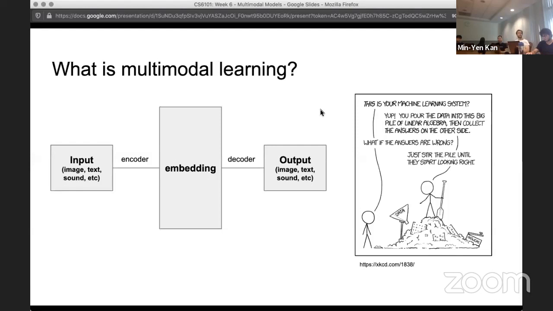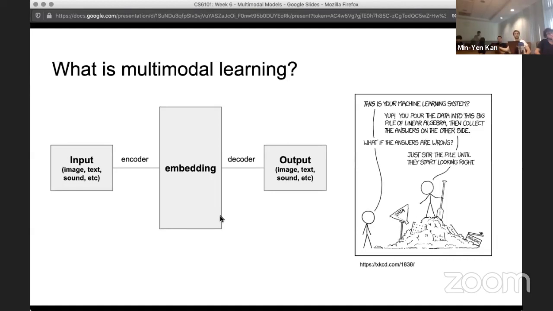The idea is that you encode those inputs somehow, using, for instance, a convolutional neural network in the case of images, or any other statistical method that you can think about, and then you represent it in this embedding space. From this embedding space you can decode it to an output source, which can be an image, but it can also be a text, a sound, anything you can imagine.